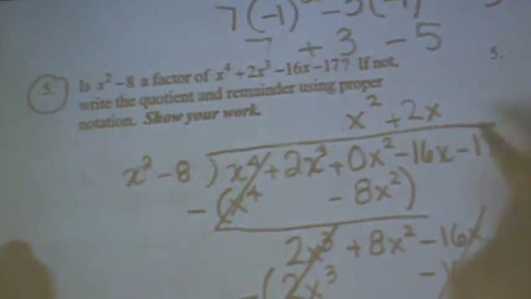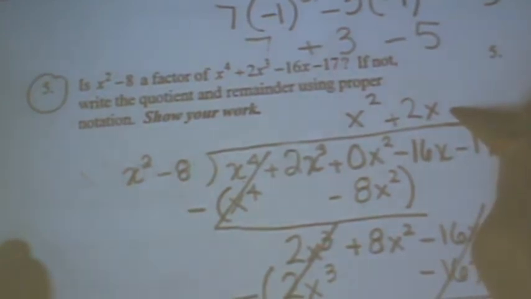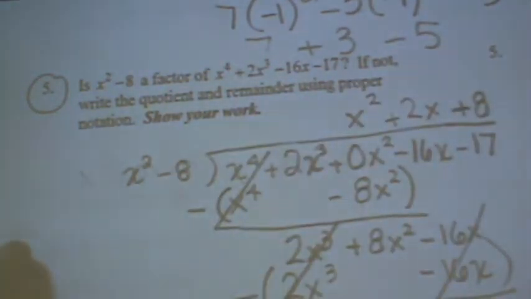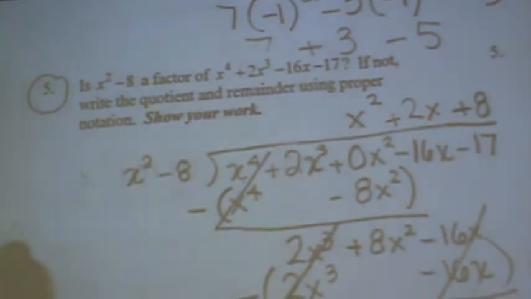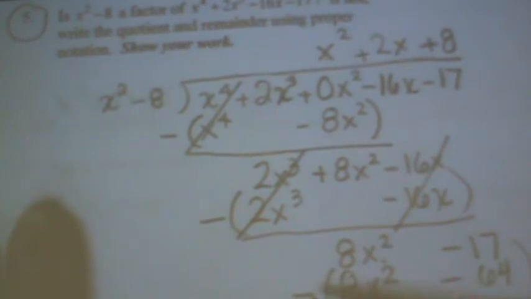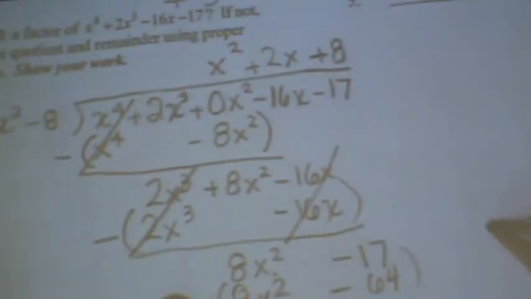By 8. You get -8 when you do the thing. This times this, 8x squared minus 64. And subtract. This is going to turn into a positive 64, and negative 17 plus 64 is 47.